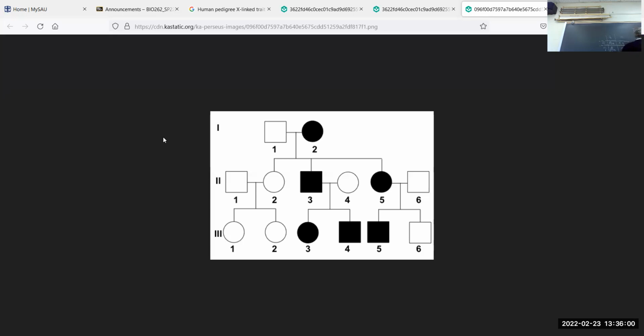So this person could be either this, and this person might be this. That could work, all right? Now, if this person is this, then none of their progeny should be affected, but they're all affected. So at the very least, then, this person would have to be almost heterozygous, right?